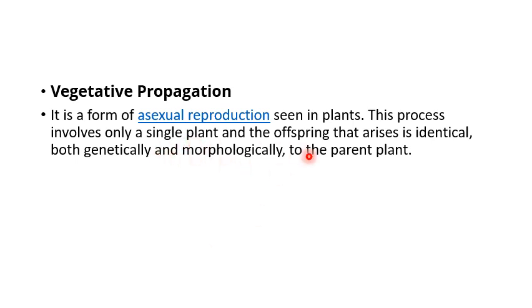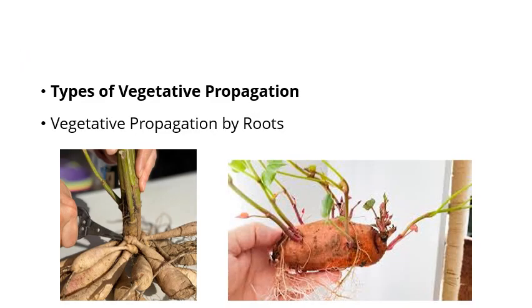You can see here, the offspring arises identical both genetically and morphologically to the parental plant. So this exactly looks like the parent. This is what we call vegetative propagation. Let us discuss it in detail. What are the different types of vegetative propagation? Now let us discuss the types of vegetative propagation.